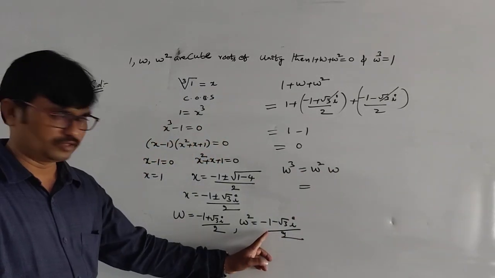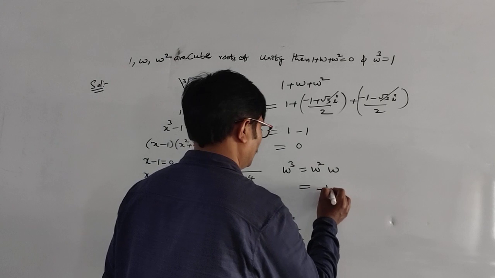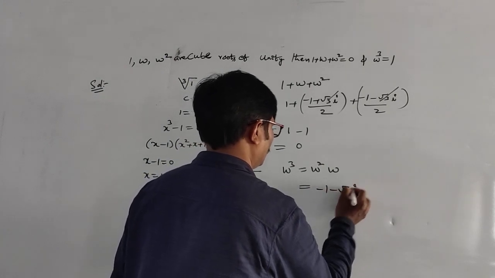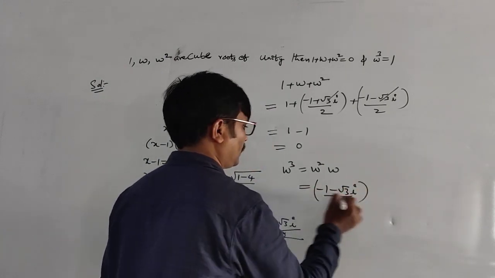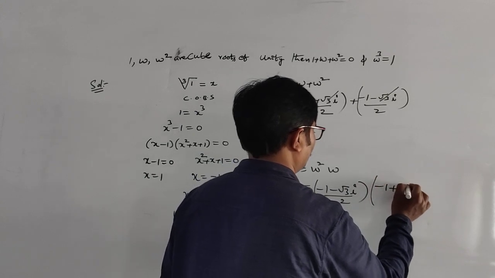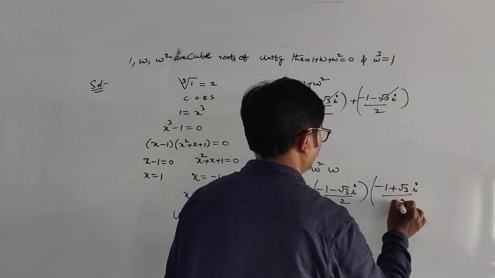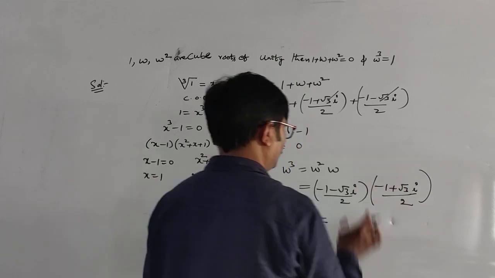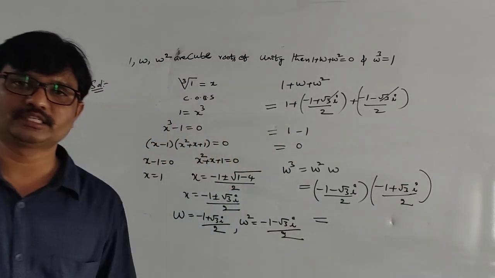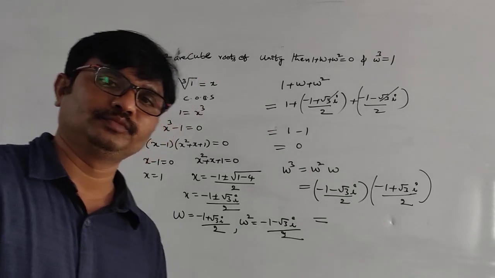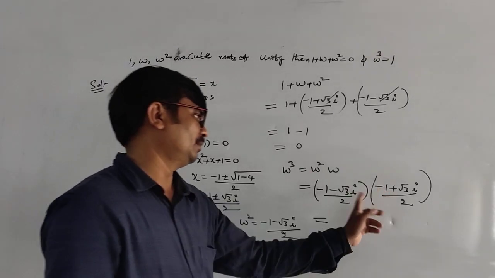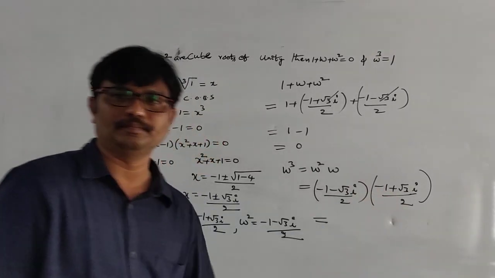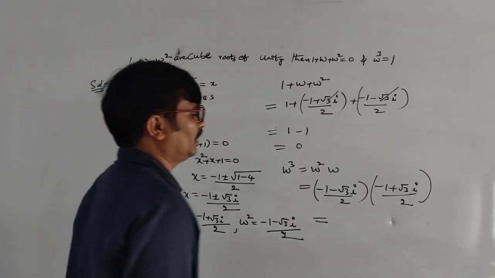After that, students, omega cube is omega square into omega. Omega square is minus 1 minus root 3i by 2, and omega is minus 1 plus root 3i by 2. So students, a plus b into a minus b is a square minus b square.